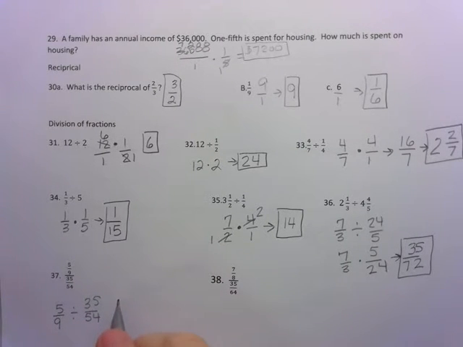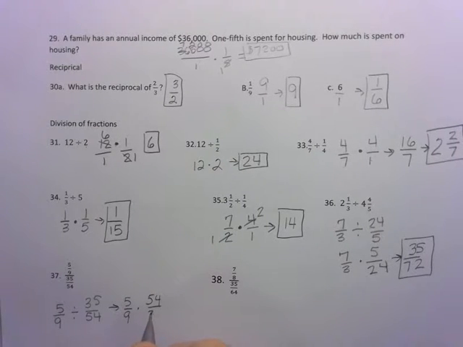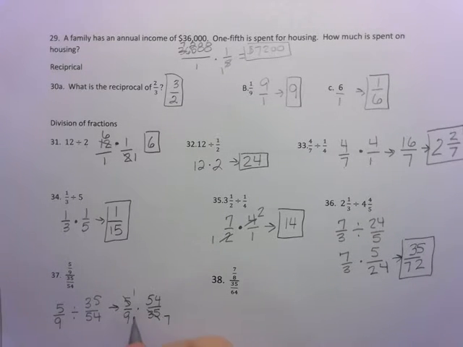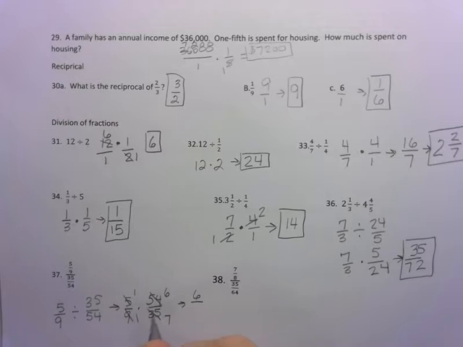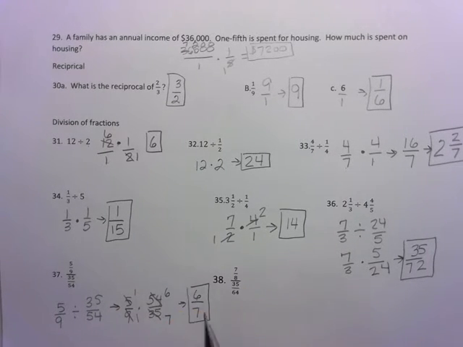So now to do this problem, I have 5/9 times the reciprocal. 5 goes into 5 once. 5 goes into 35 7 times. 9 goes into 9 once. 9 goes into 54 6 times. Therefore, my answer is 1 times 6 is 6, 1 times 7 is 7. So my answer is 6/7.